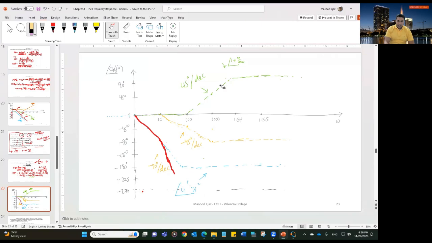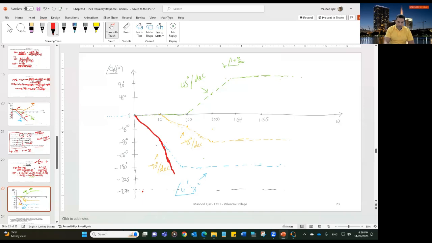So at 100, this starts increasing 45 degrees per decade. At 100, this one is decreasing negative 45 decibel per decade. That is going to cancel each other. I didn't realize it. So from 10 to 100 is going to drop by negative 135 degrees per decade.